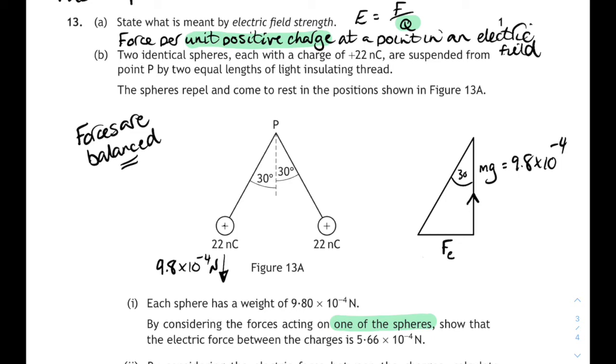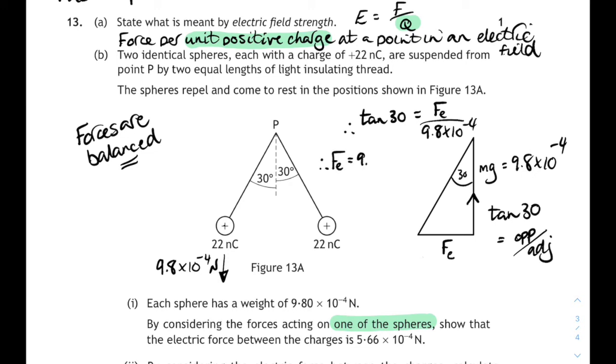So if we do a little bit of trigonometry here, the tan of that angle, tan 30, will be the opposite over the adjacent, and it's the opposite side we're looking for. So tan 30 will be equal to the electric force divided by the weight of one of the spheres. If we rearrange that to get Fe, it's going to be 9.8 times 10 to the minus 4 times the tan of 30, and hey ho, there we go. We get 5.66 times 10 to the minus 4 newtons. It's a show question. That's what we have to show. That's what we've found.